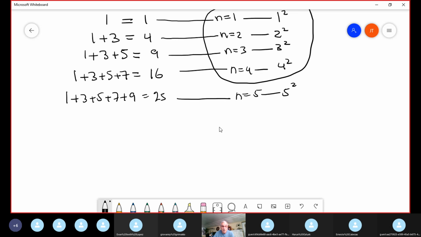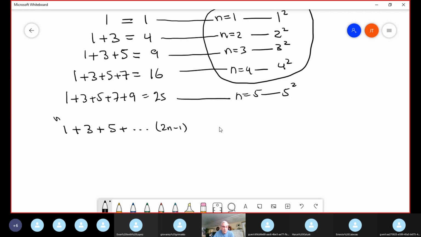So the problem we have in front of us is 1 plus 3 plus 5 plus, up to a sub n, the nth odd number. But a sub n of the odd numbers we studied in the last class, remember, was 2n minus 1.